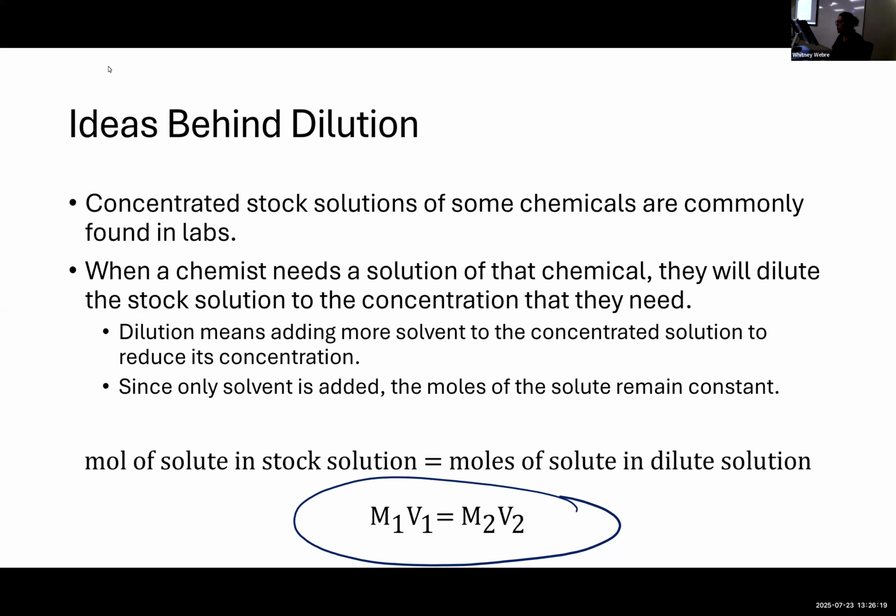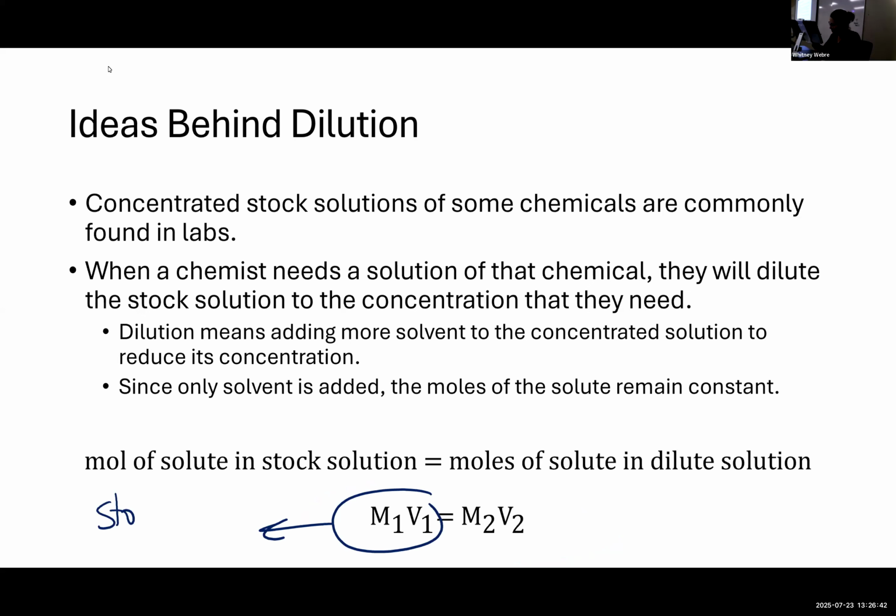Since only solvent is added, the substance amount will remain constant. So that's why this equation works. So you have M1 represents concentration, and then M2 represents concentration, but the 1 tends to be your stock solution, or the more concentrated one.